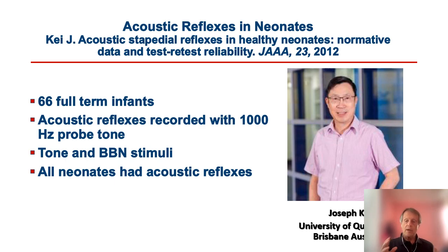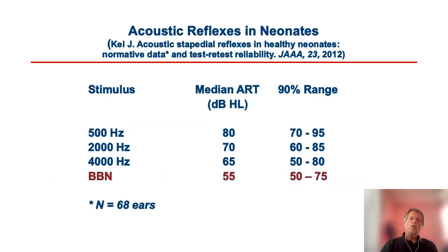Of course, you have to first verify that the middle ear is normal. And then what Dr. Kei did was he looked at the acoustic reflex threshold for the different stimuli, including broadband noise. And as you see here, the average or median acoustic reflex threshold for broadband noise was 55 dB, much lower than the acoustic reflex thresholds for tones.